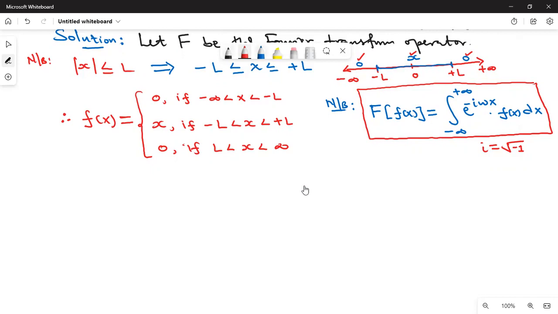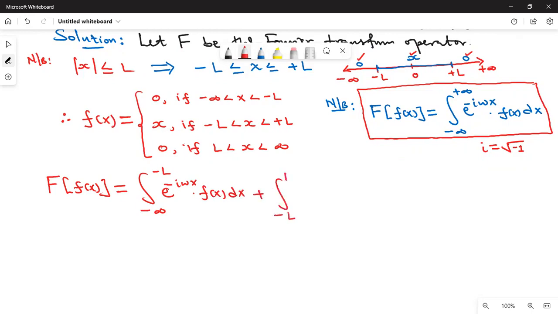So the Fourier transform of f of x can be written as the integral from negative infinity to negative L of exponential negative i omega x times f of x dx, plus the integral from negative L to positive L of exponential negative i omega x f of x dx, plus the integral from L to infinity of exponential negative i omega x times f of x dx.